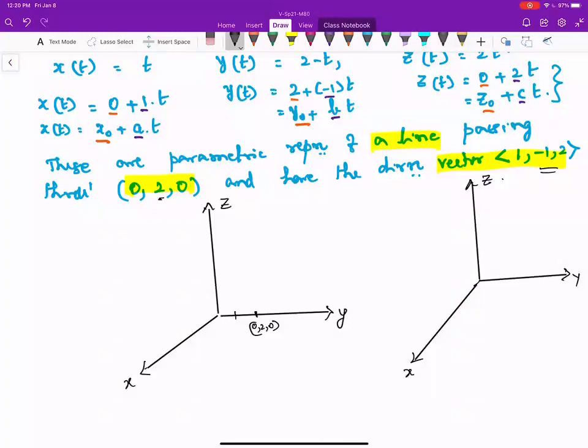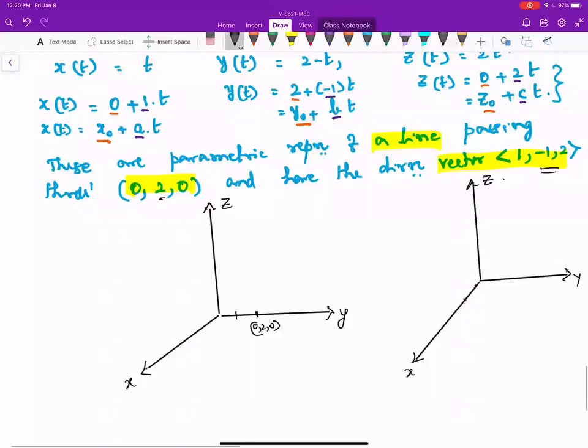So you have to go 1 unit along the x direction and negative 1 unit along a line parallel to the negative y direction. So it is 1 here. Then you're moving towards the negative y direction, negative 1 unit, and then 2 units above, along the line parallel to the z-axis.